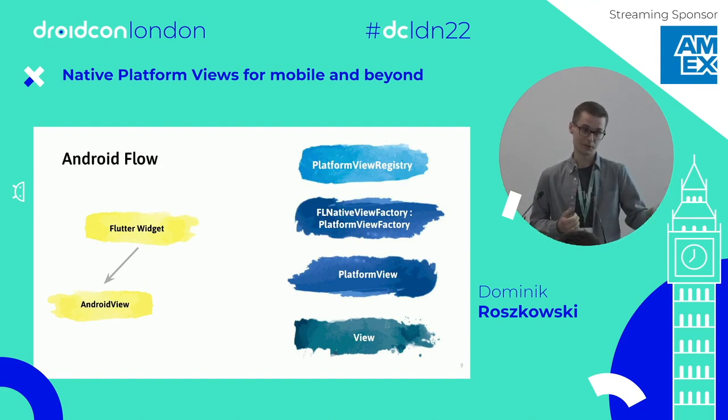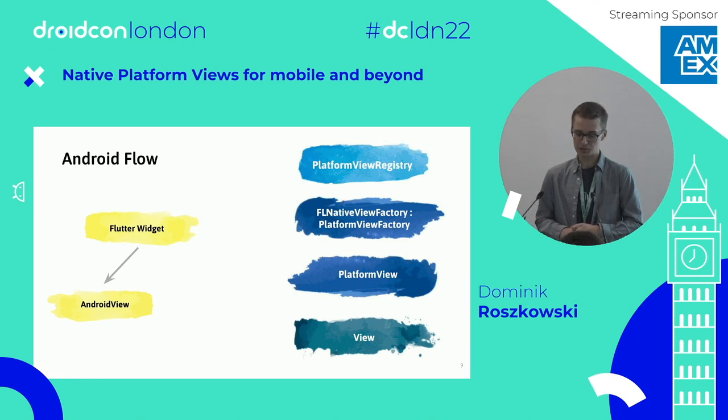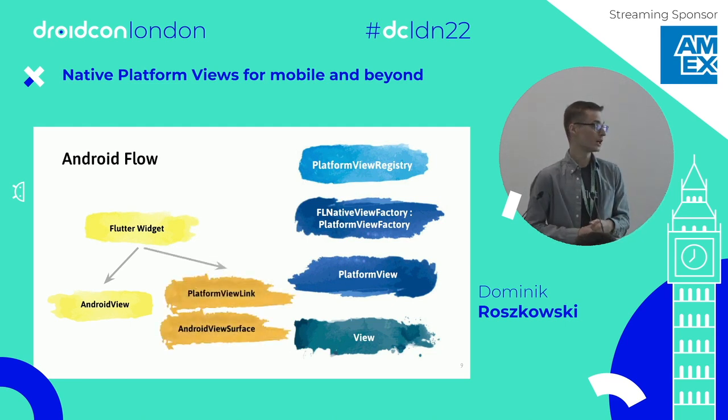On iOS, there was a single registry. Here we have two registries, one for plugins and the other for platform views. And we can just return any view. The major difference is that besides having just a simple Android view on the Flutter side, we also have a way to render our native view with a bit more control through a widget called Platform View Link that needs to return Android view surface.